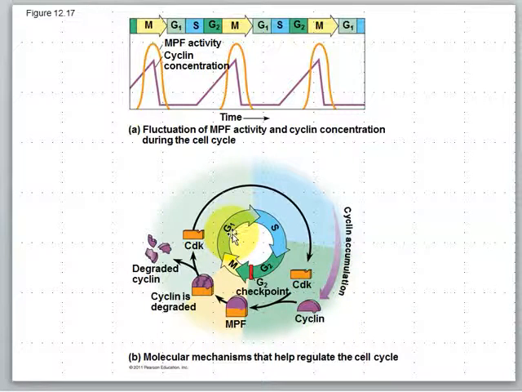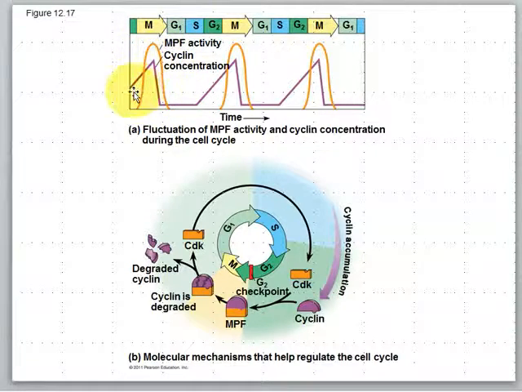So here we have a couple of illustrations to kind of prove our point or tell us what we're looking at. This MPF is actually always within the cell. So this cyclin-dependent kinase called MPF is always there, but it doesn't signal the cell to proceed unless the concentration of cyclin is high. So these two are tied together.